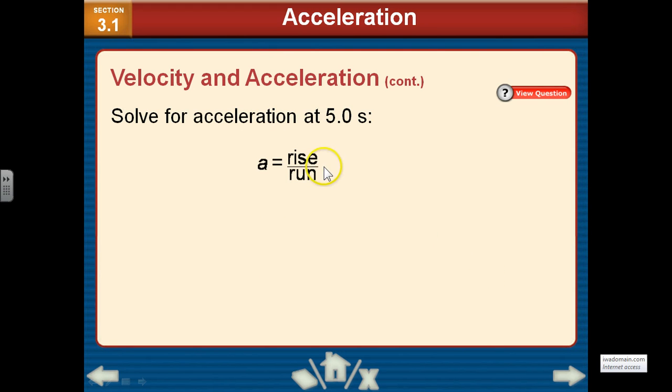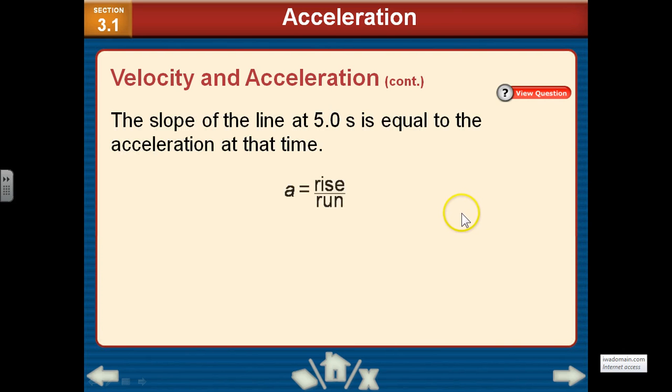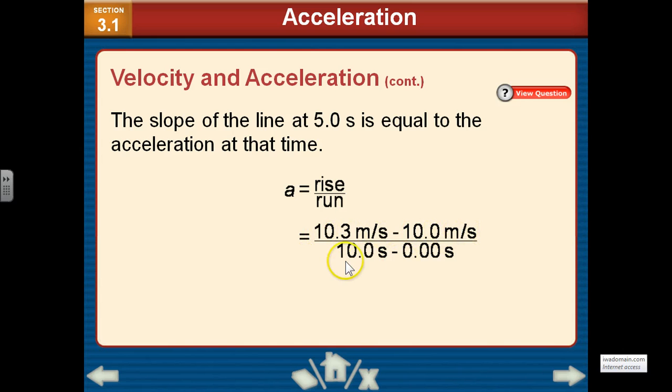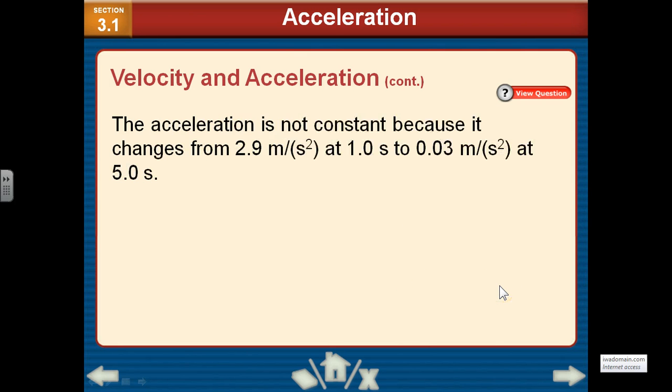At 5 seconds, again the rise over run, we have very little change in the velocity. We could still look at the total time frame involved, and here we get a very small acceleration, 0.3 meters per second squared. The acceleration is not constant because we have two different accelerations.